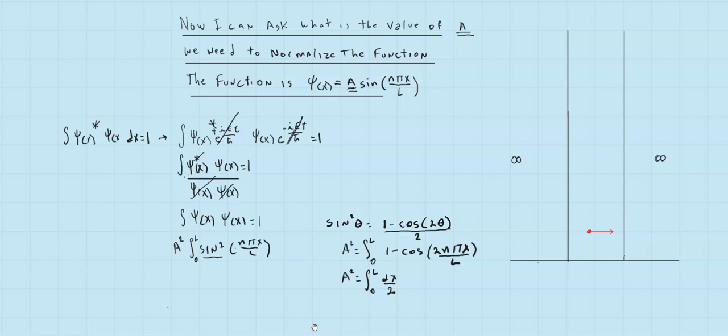So my a squared is going to be x over 2 evaluated from 0 to L. And all of this is equal to 1, remember. All of this right here is equal to 1, okay?